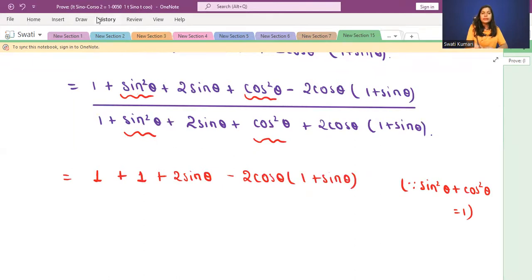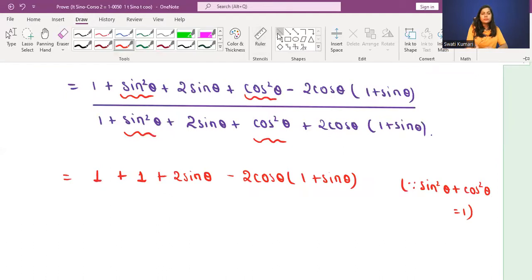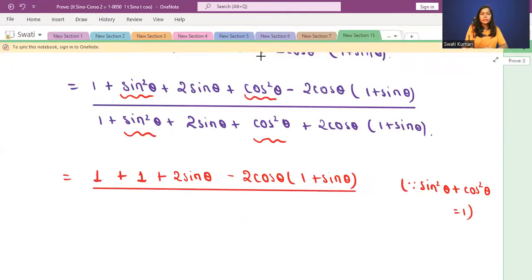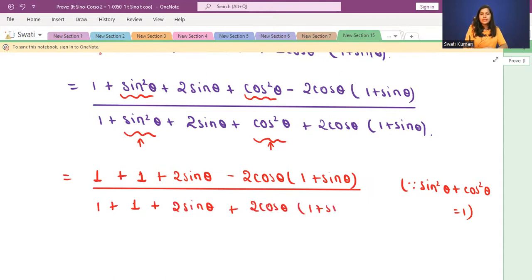All right, and then upon, we are going to write down the same thing in the denominator. So this will become 1 plus, again sin² θ + cos² θ is 1. So that will become 1 plus 2 sin θ as it is. And then we have plus 2 cos θ into (1 + sin θ).